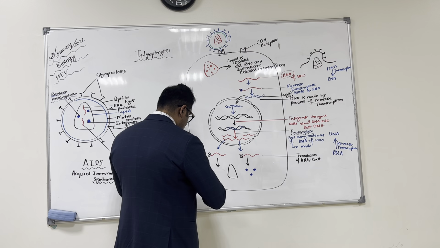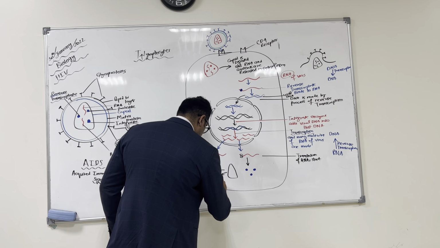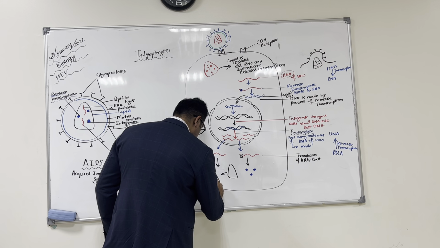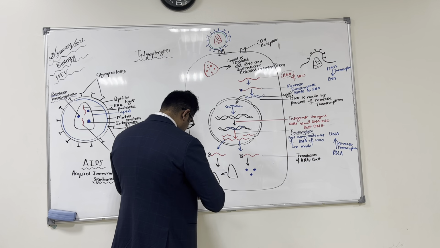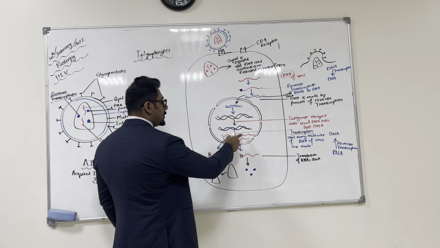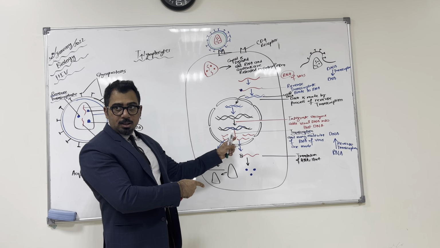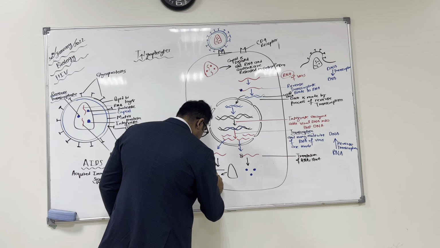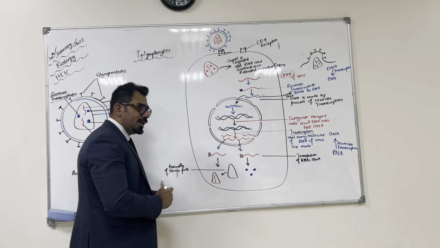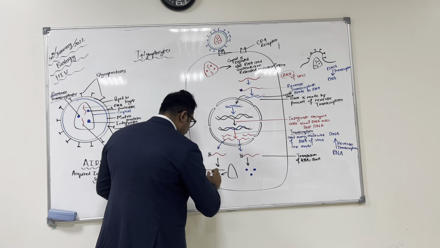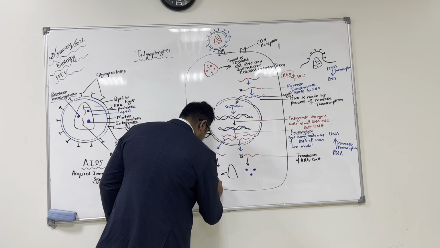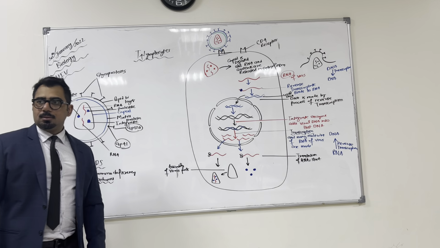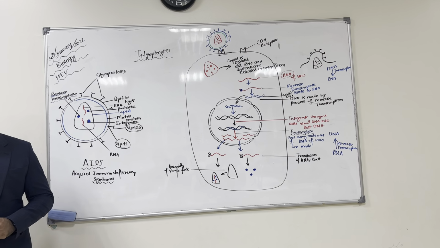So what will happen? Eventually it will change into this. And remember, these RNAs are also coming due to transcription, right? So these RNAs, they will also be added, and these enzymes will also be added inside. Now next step, what will happen?